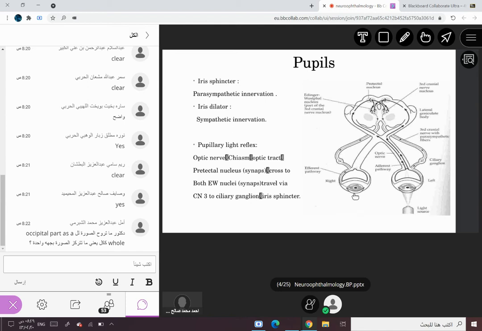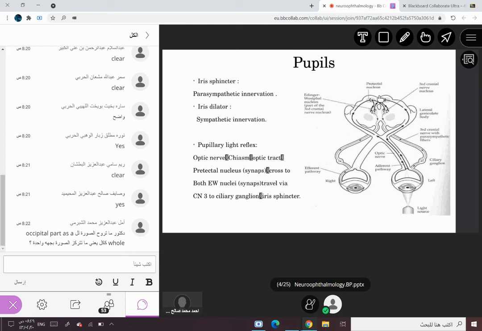And if we do the same on the right eye, the same scenario will happen. So if we shine a light on one eye and it is constricted, we have to check the other eye, whether it is constricted or not. So check whether the afferent system is affected or the efferent system is affected.